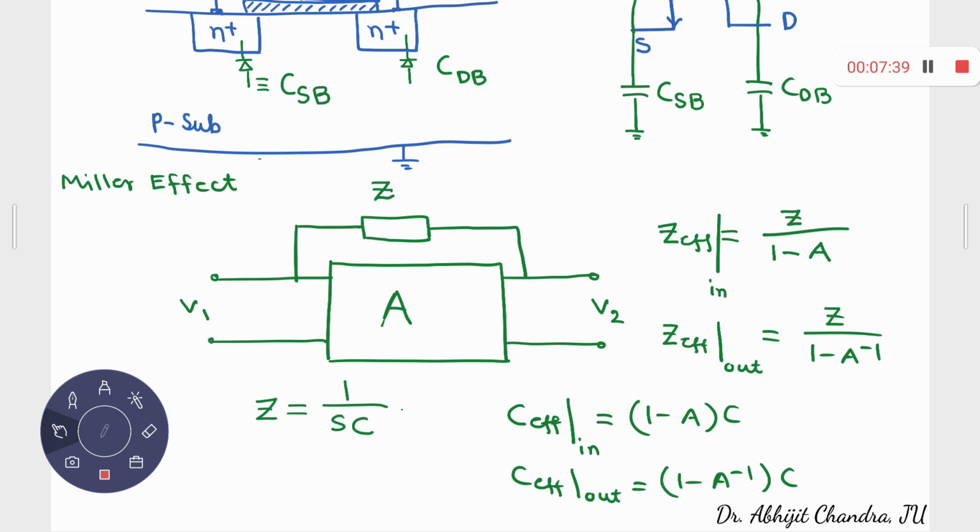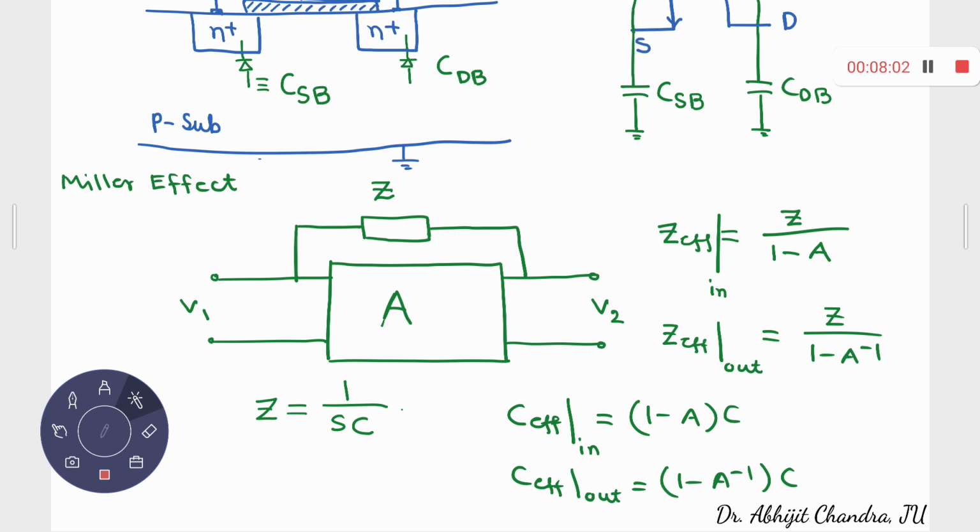For the sake of analysis, we have decomposed this into two different impedances. One is between the input terminal and the reference, and second one is between the output terminal and the reference. I am not going into the details of this because this has already been discussed in the previous semester in the electronic circuits course.